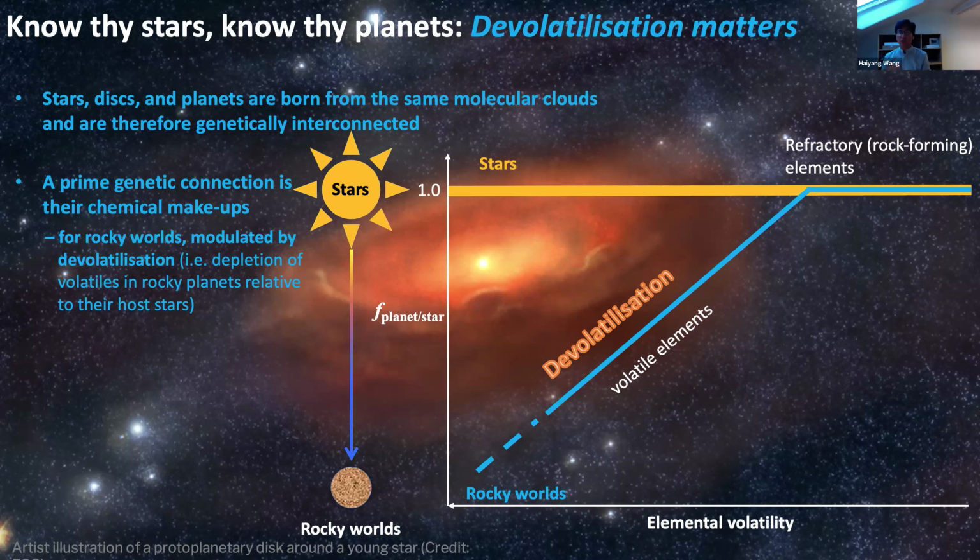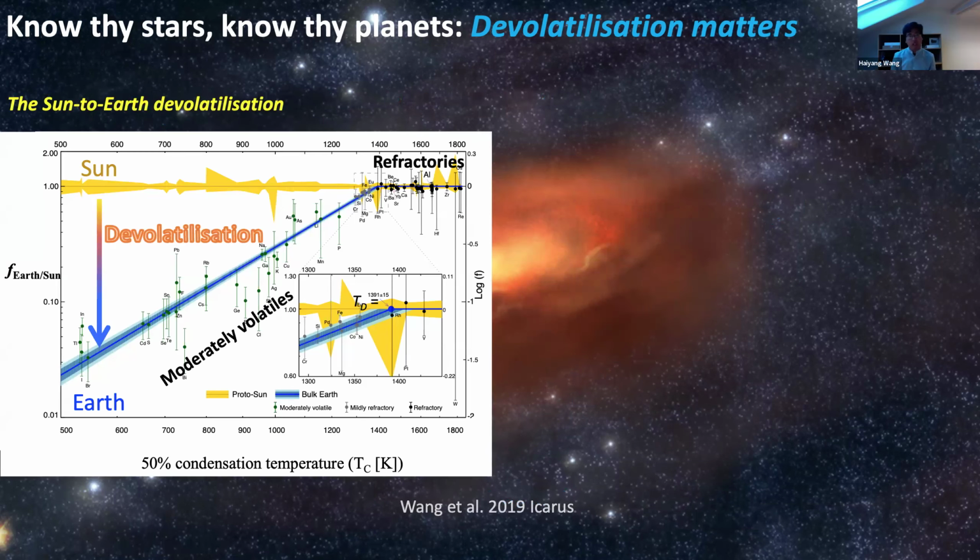This is what we nowadays call the devolatilization pattern, as we observe from our solar system data. Here I show first the Sun to Earth scenario: the yellow pattern shows the protosolar composition, and the dots show the bulk Earth composition, normalized to the protosolar composition by aluminum, because aluminum is one of the most refractory elements.